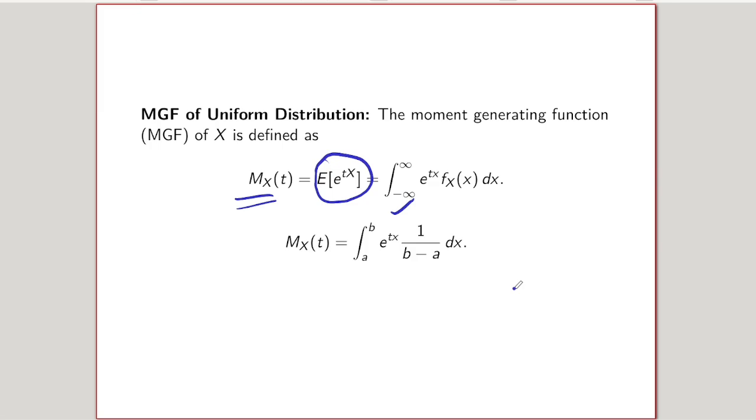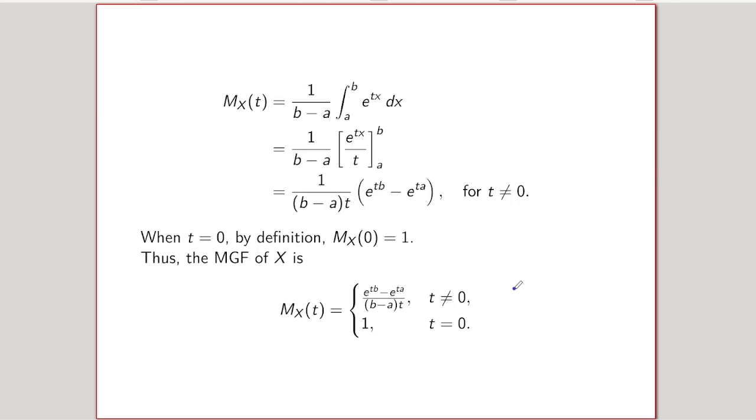Since this 1 by b minus a is a constant, we can take it outside our integral. So it will be integral a to b e power tx. E power tx, if we integrate it, we will get e power tx by t. And after substitution, we will be getting e power bt minus e power at divided by b minus a into t. So this is the MGF.